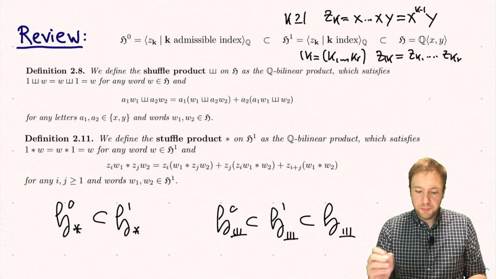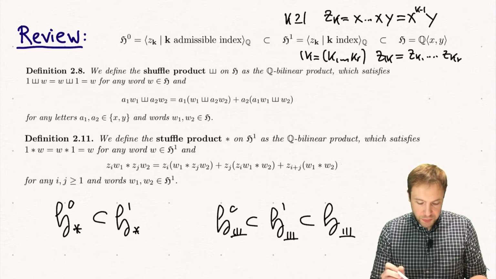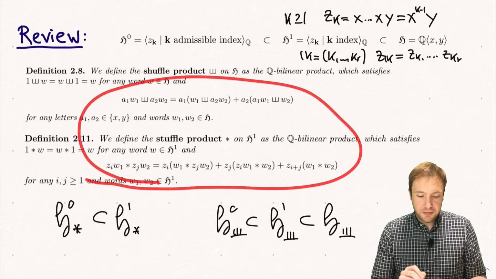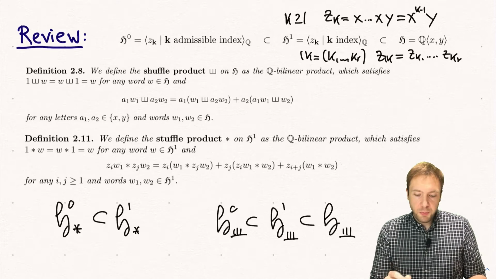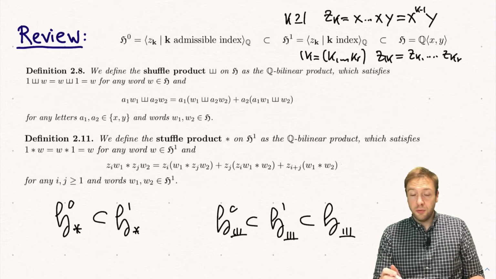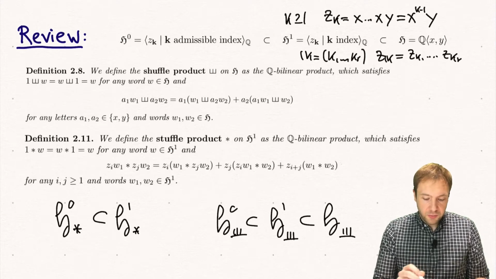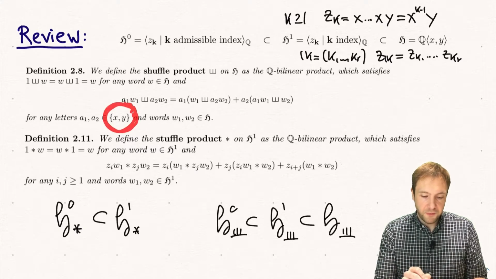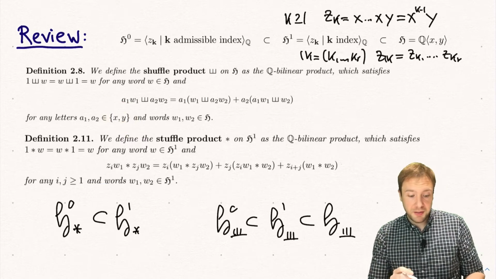And so what we want to do now is we want to generalize this idea here, because already here you see that they're quite similar, and both of them will be an example of a so-called quasi-shuffle algebra. And so to define this, we will replace the set of letters which were in this case x and y, and in this case we had for each natural number a letter z_i.